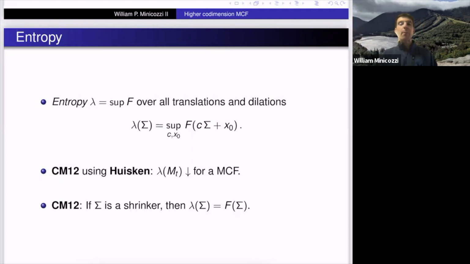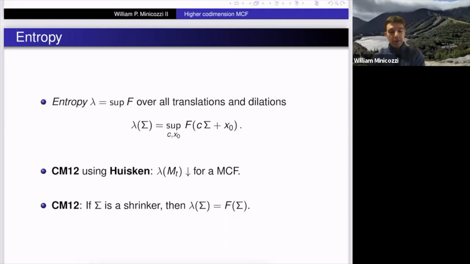And I take the supremum of everything I could possibly get. Another way to do this would be to fix the submanifold and look at all the different Gaussians, where you change the center and scale of the Gaussian and evaluate all those different Gaussians. This is a number that we call the entropy, lambda, of the submanifold.